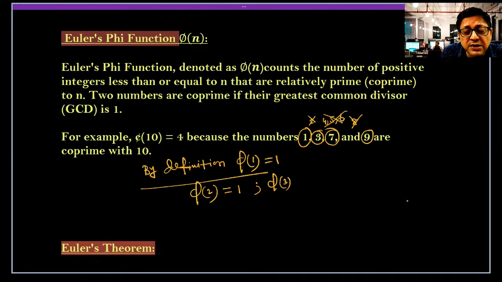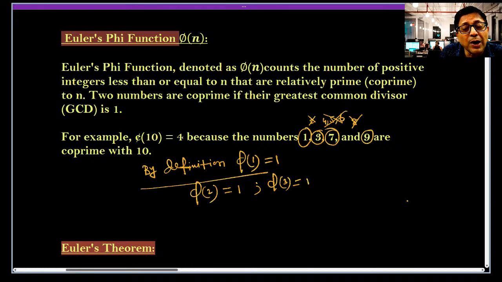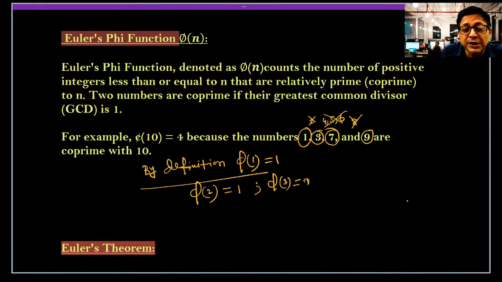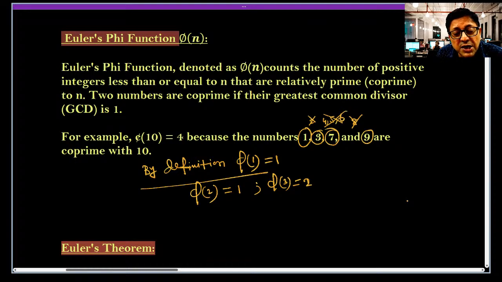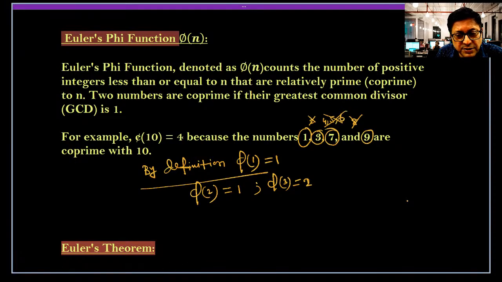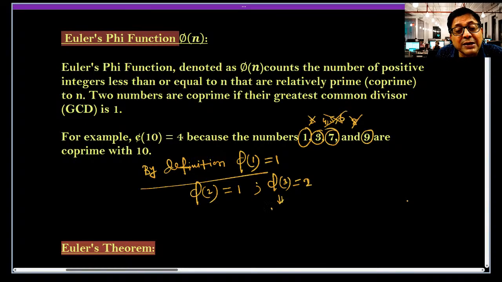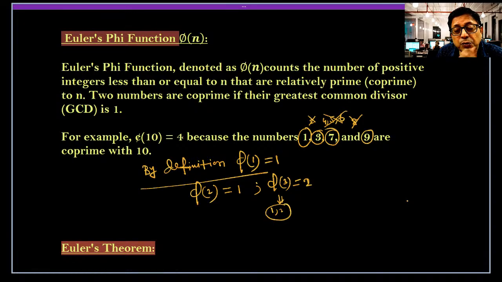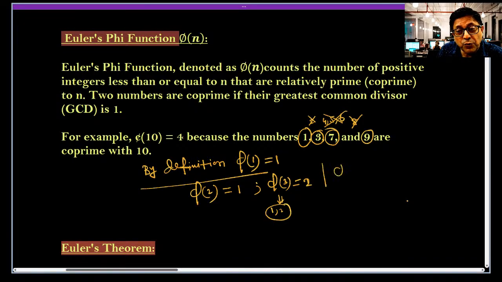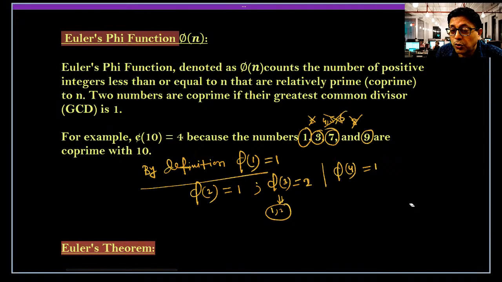For phi 3, there are two numbers less than 3 and co-prime to 3, that is 1 and 2. So phi 3, the number of those numbers prime to 3, is 2. You understand? When you write the numbers less than 3 and prime to 3, what are they? They are 1 and 2. What about phi 4? What are the numbers? Those numbers are 1 and 3. So it will be 2. Isn't it? Phi 4 equals 2.